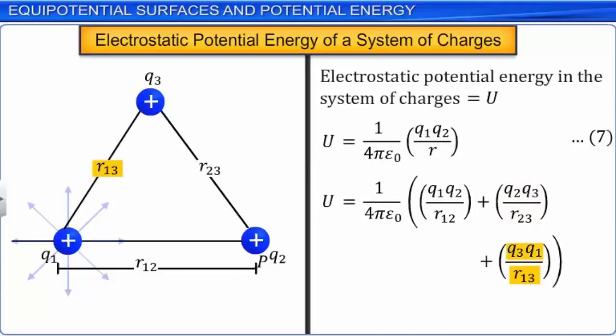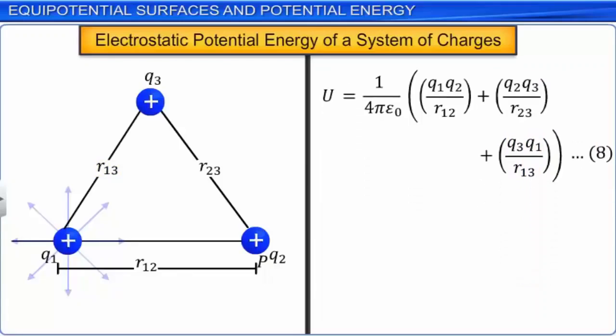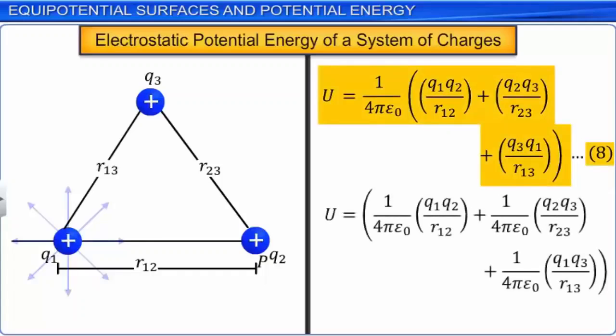Equation 8 can be expressed as U equals to 1 by 4 pi epsilon naught into Q1 Q2 by R12 plus 1 by 4 pi epsilon naught into Q2 Q3 by R23 plus 1 by 4 pi epsilon naught into Q1 Q3 by R13.